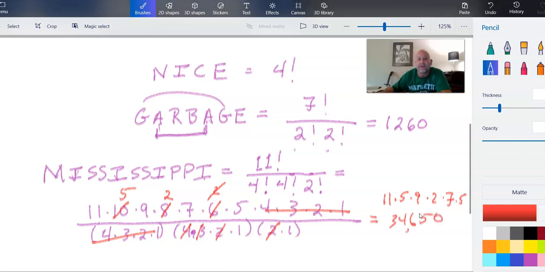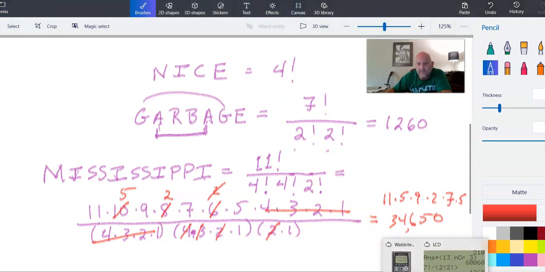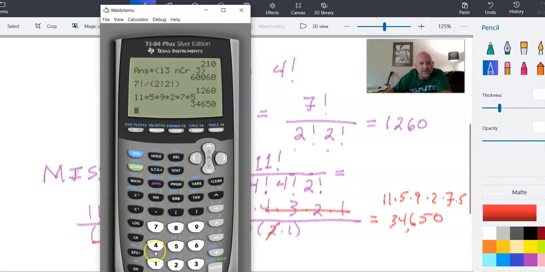It's quite a number. Let's make sure we get the same thing if we use the factorials in the calculator. So we'll go 11 math probability factorial divided by, and we got to use parentheses here, 4 math probability factorial, 4 math probability factorial, 2 math probability factorial.